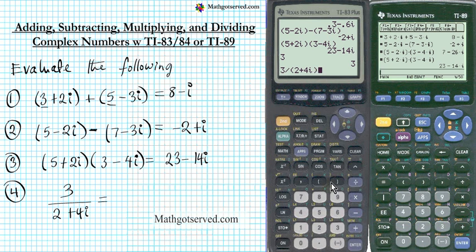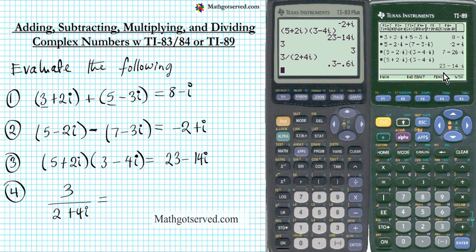Close that, enter, and it gives me the answer 0.3 minus 0.6i. This is a decimal formulation of the answer, okay? You can tell this is 3 over 10 and 6 over 10, or 6 over 10 reduces to 3 over 5.